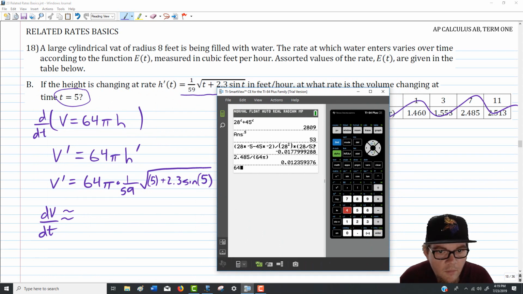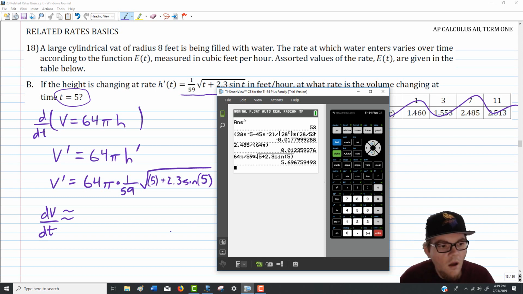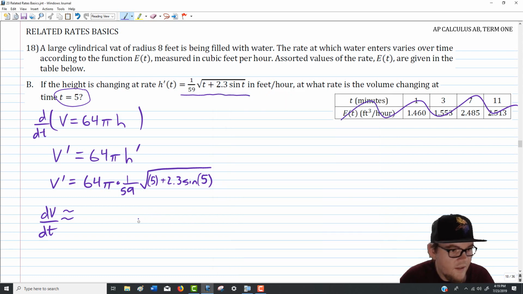So we'll go 64 pi divided by 59, all that stuff times the square root of 5 plus 2.3 sine of 5. And it tells me that our volume's rate of change in this case is going to be 5.697. And we're talking about feet cubed per minute.